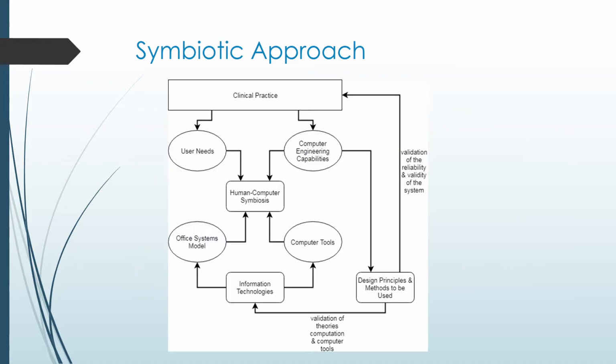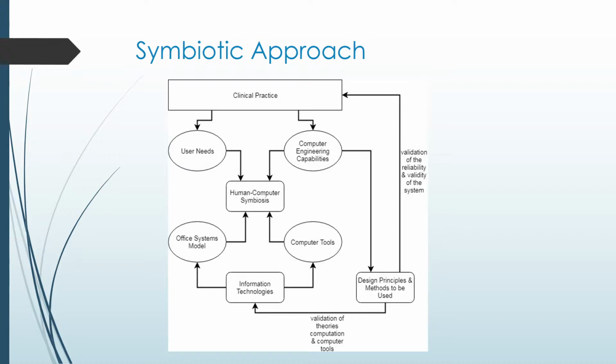Okay. So here's a little graph on the symbiotic approach, and as you can see, that top box there is the clinical practice, and at the very bottom you have the IT, information technologies, which has the engineers in them, and how both of these combine to create the human computer symbiosis, as you can see in the middle there.